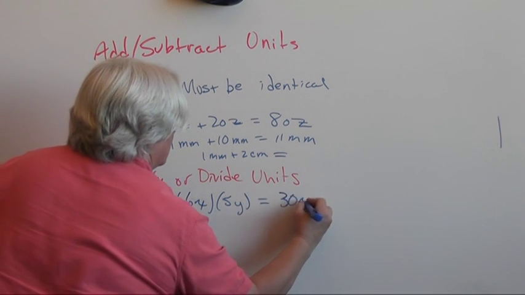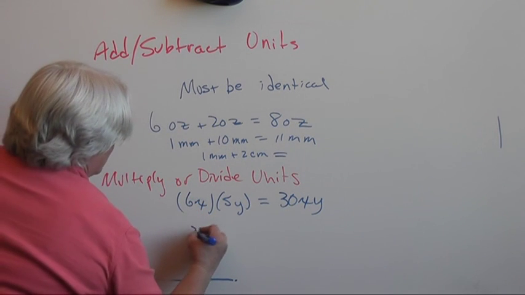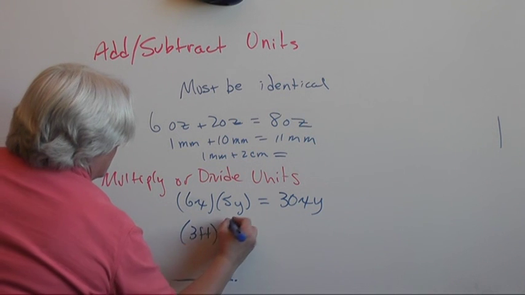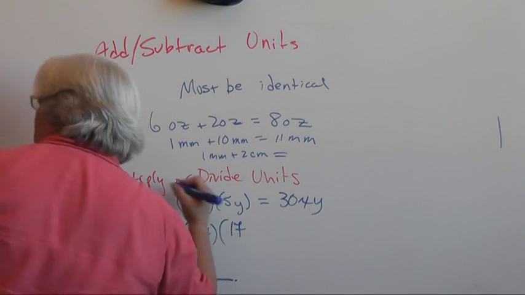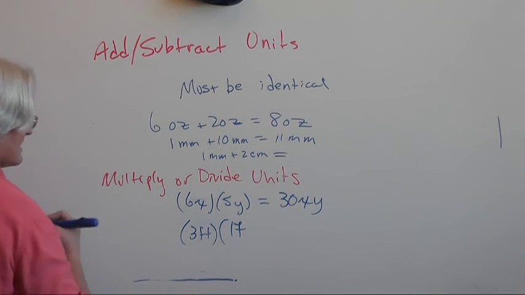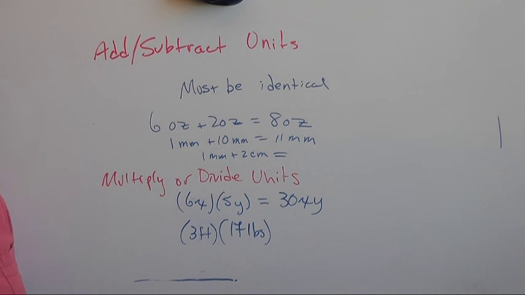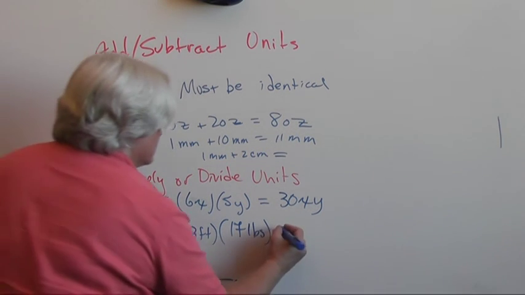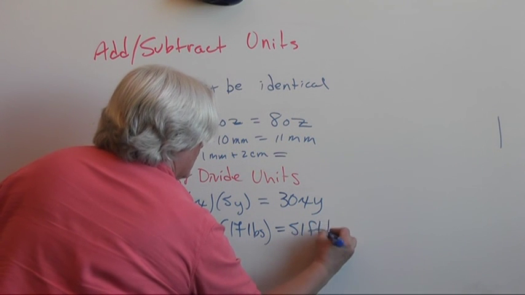So what that means is if you have 3 feet times 17 pounds, Matthew, this is important, you're missing it, that is 51 foot-pounds.